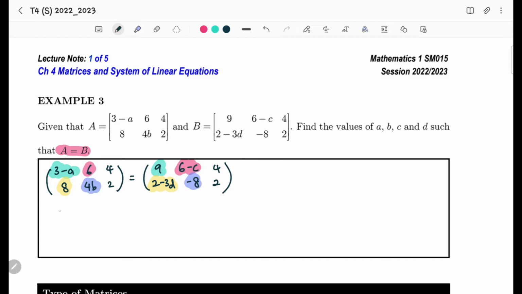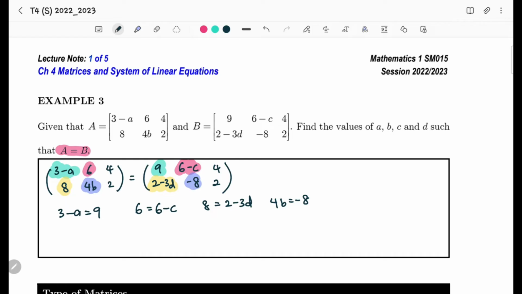Right, so 3 minus a is equal to 9, 6 equals 6 minus c, 8 equals 2 minus 3d, and then 4b equals negative 8. Okay, just solve all these.